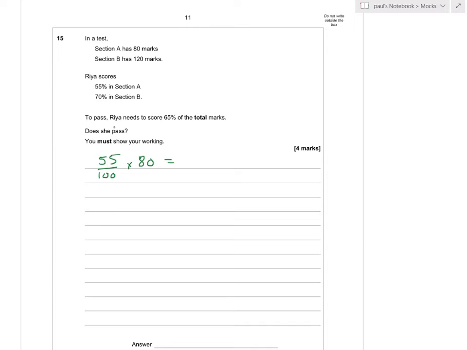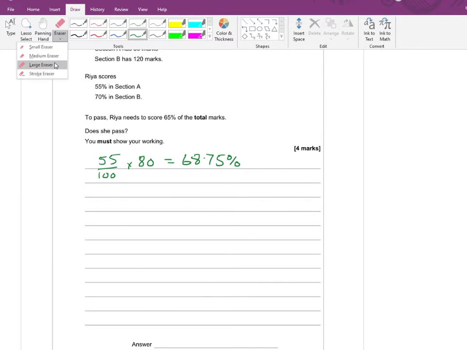Or is it going to be as simple as that? She got 68.75% in the first one. No, that's not percentage, is it? 55 out of 100 mark. 55% of 80 marks is the number of marks, isn't it?